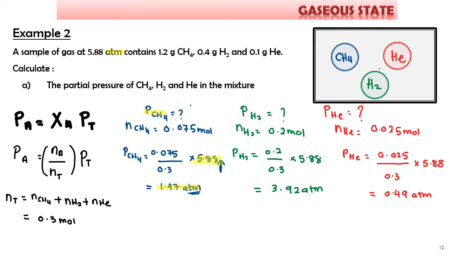Okay, so if you use atm, then final answer you will get atm. If you use torr, then final answer must be torr. And then for partial pressure for hydrogen, you will get your final answer 3.92 atm, and partial pressure for helium, you will get 0.49 atm. Okay, so double check with your answer.